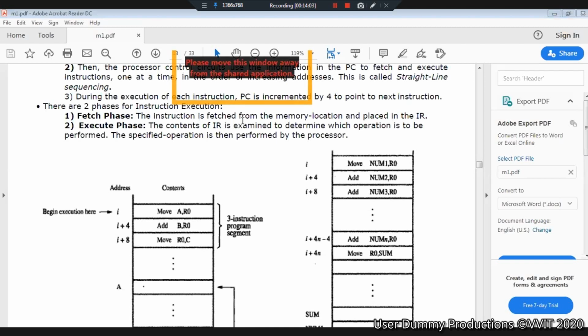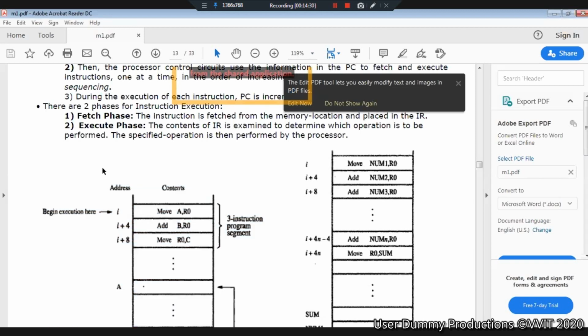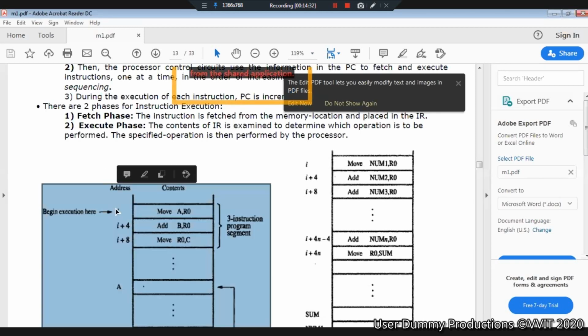See, straight line sequencing is where all the instructions are placed in the memory, at memory address I. Any number you take, I can be anything, 1000, anything. Suppose I take it as 1000.